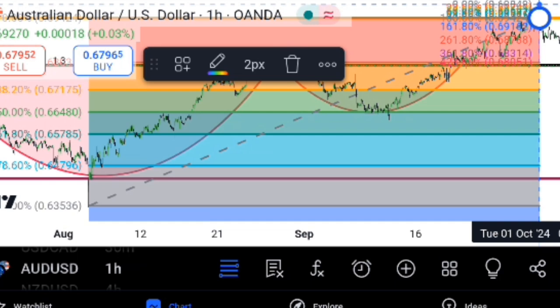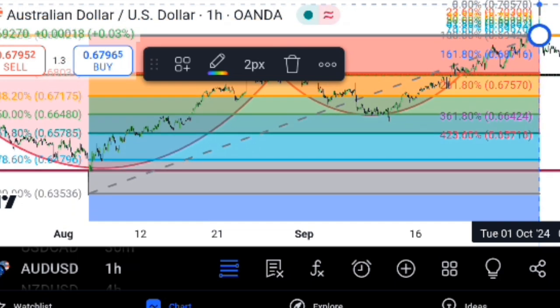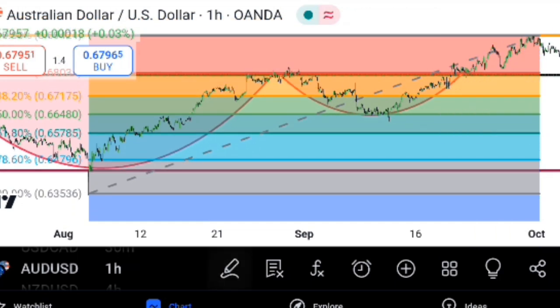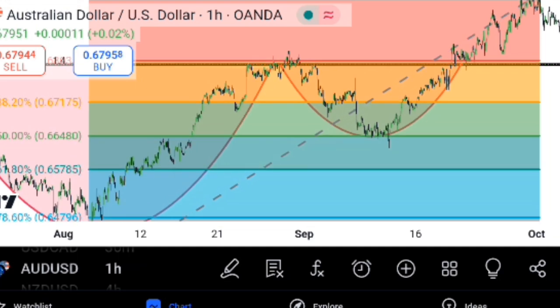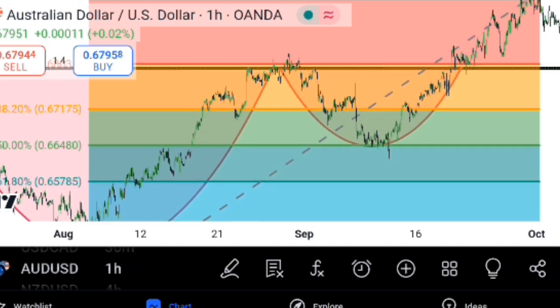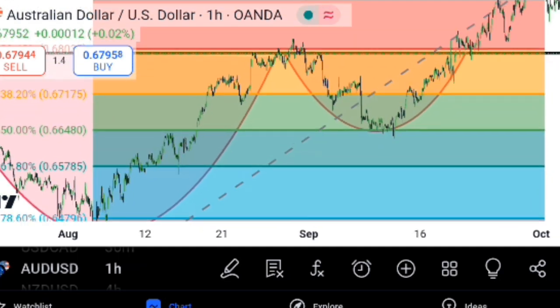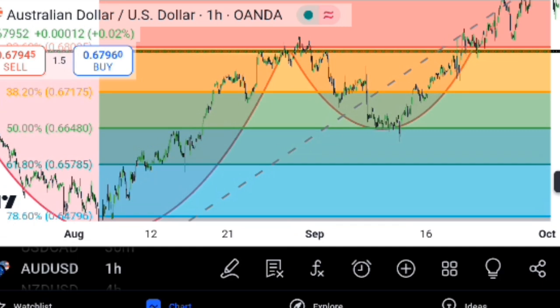So what are we having in this case? When you look closely, you realize that the major points we look at for the Fibonacci retracement are the 50% and 61.8%.